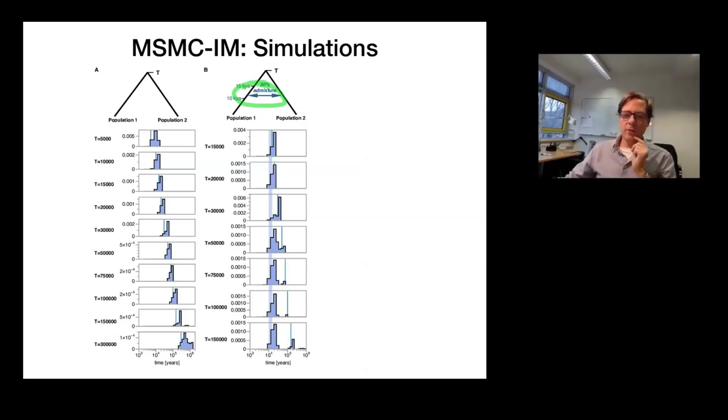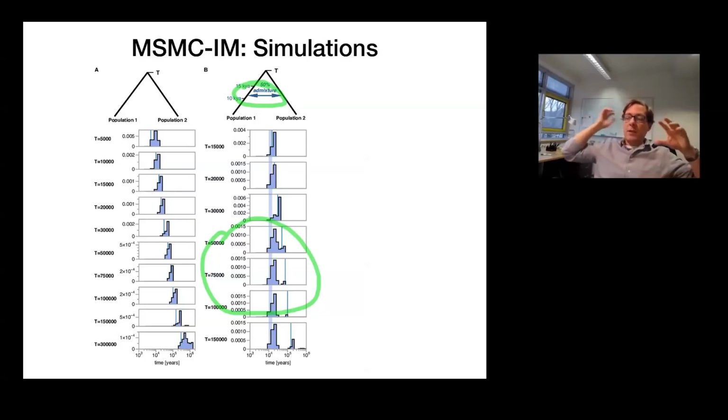For about 50,000 years and 75,000 years split time, we start seeing two peaks in this migration profile, indicating that some part, actually 50% of all lineages, move together as you look back in time around this migration period of 10 to 15,000 years ago, and the other half remains isolated. That's why you see a dip in the profile again, and then a second peak around the time when the rest of the genome merges together.